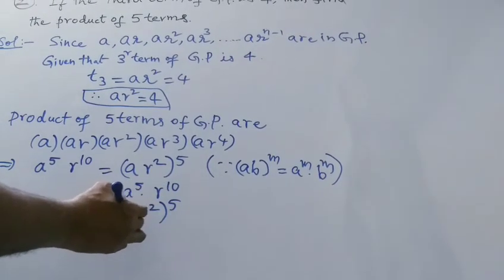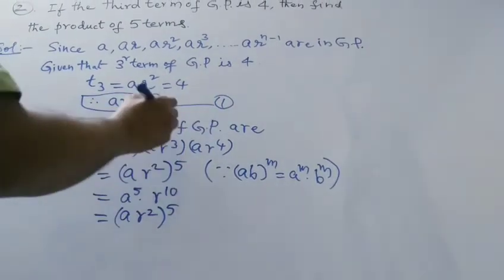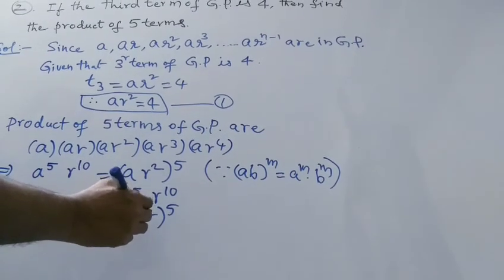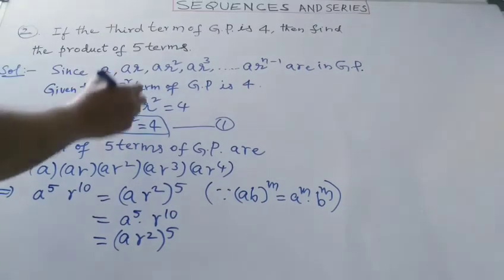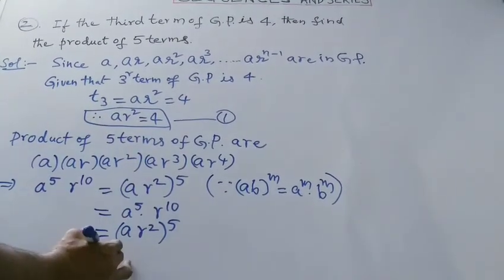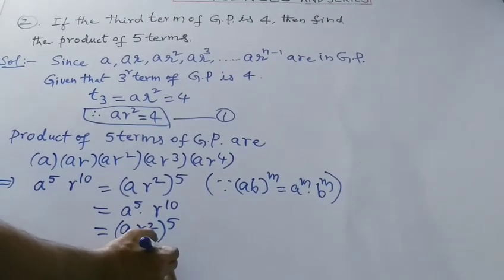From the first, we have A into R square, whose value is given from the hypothesis. AR square is equal to 4. 4 is given for us. So that is 4 to the power of 5.